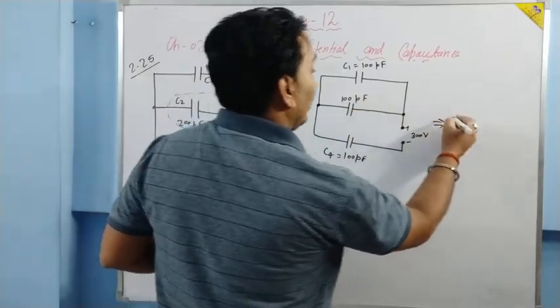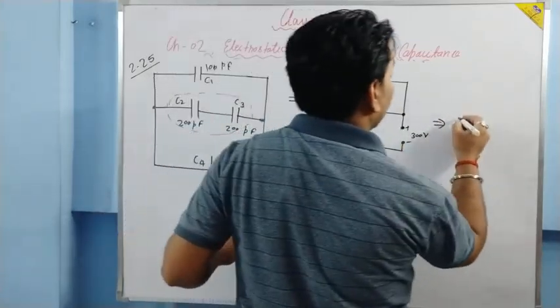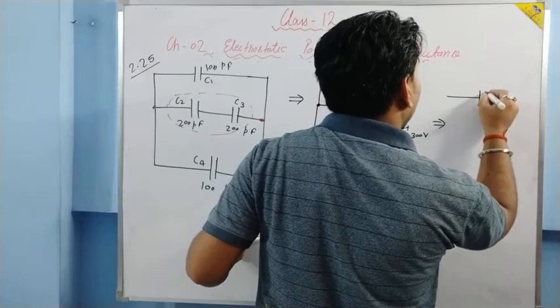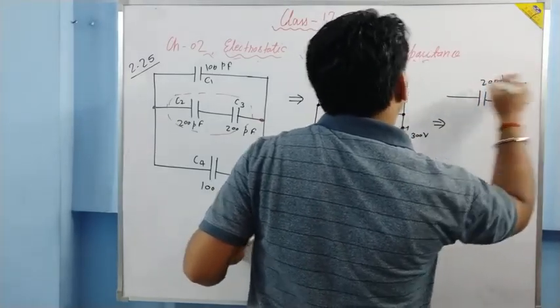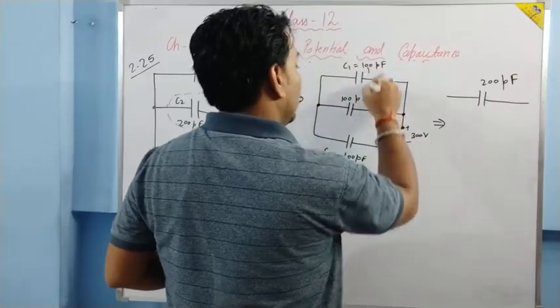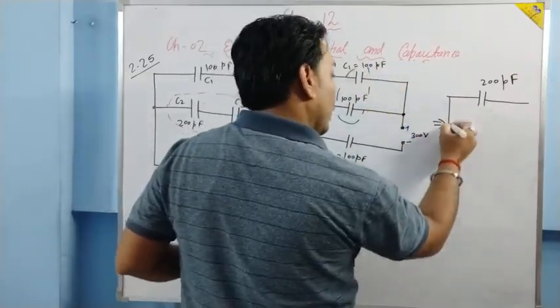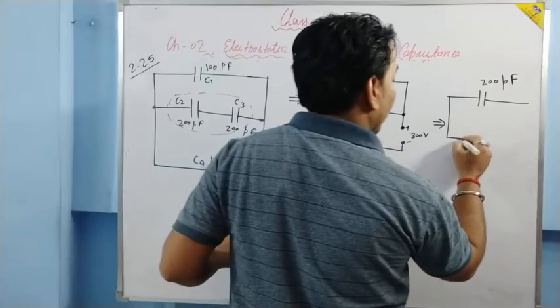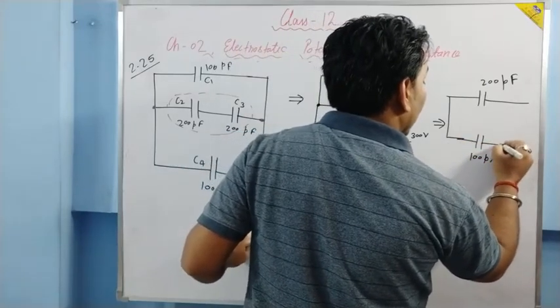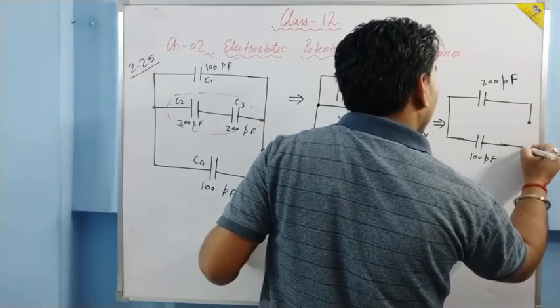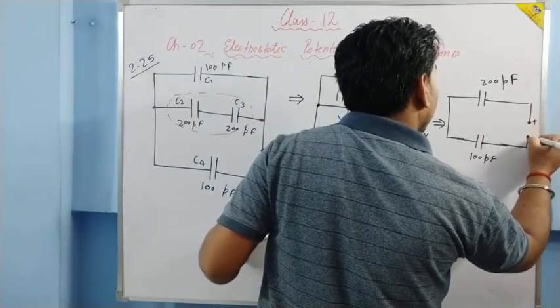When they are in parallel, 100 plus 100 is 200. So we have 200 picofarad as the equivalent of these two, and then 100 picofarad at the bottom, connected to the voltage source.